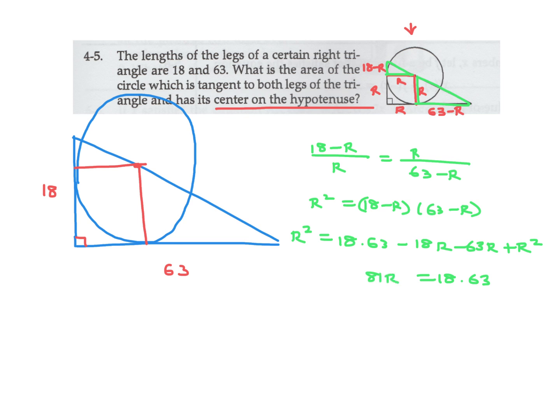Then we divide through and get 14. They want the area of the circle. The area is pi r squared, and r is 14, so it would be pi times 14 squared, which is 196 pi.